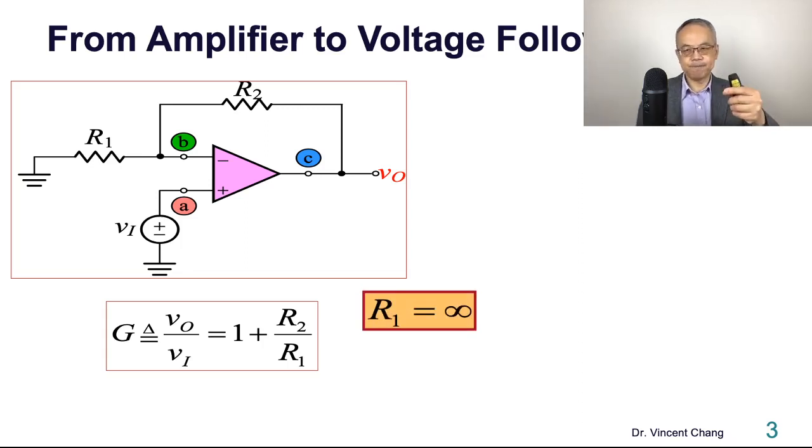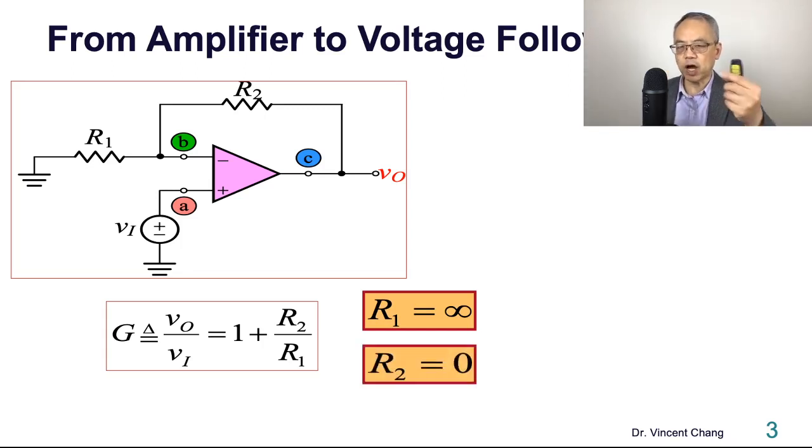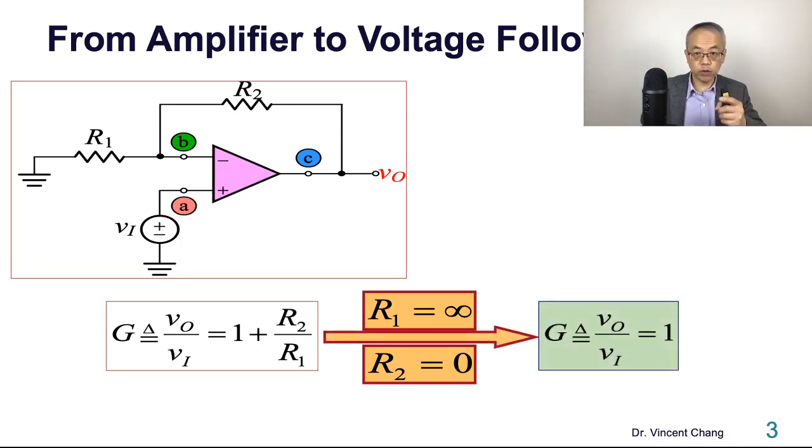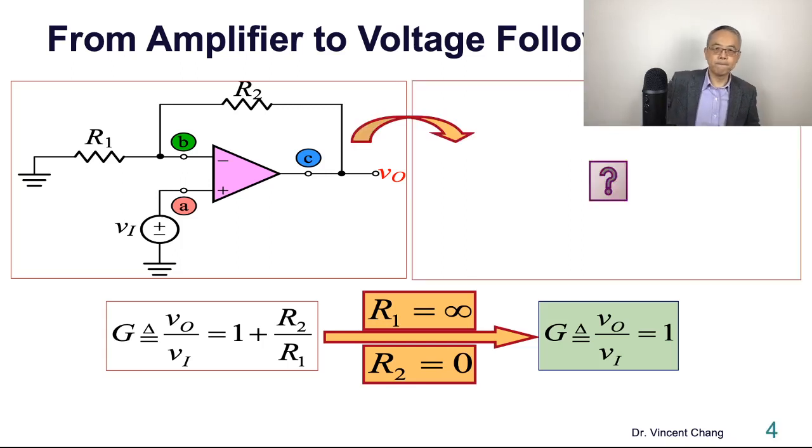If we let R1 become infinite, an open circuit, and the value of R2 become 0, a short circuit, the gain will be equal to 1, right? And the gain of a voltage follower equals 1.